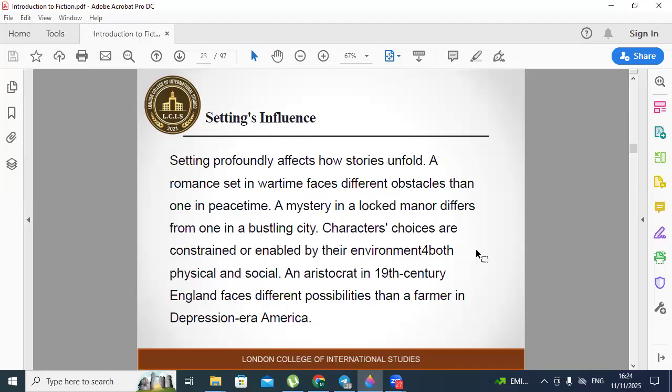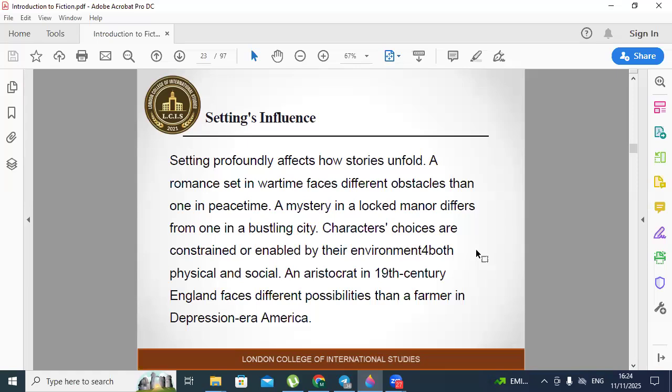War creates urgent awareness of mortality, forced separations, and moral complexities affecting relationship development. Peacetime romance faces different challenges: social disapproval, economic concerns, personal compatibility.